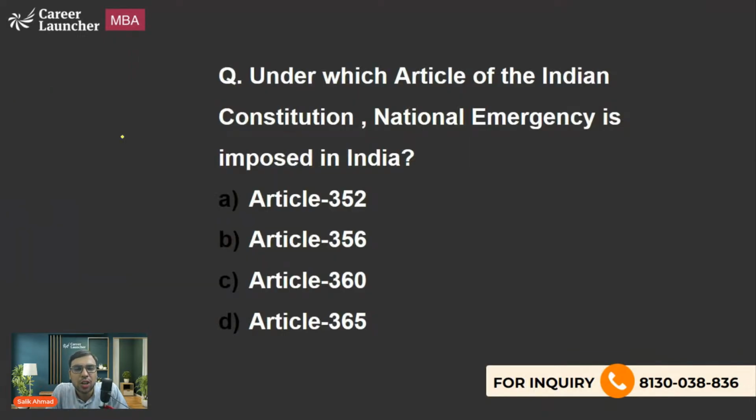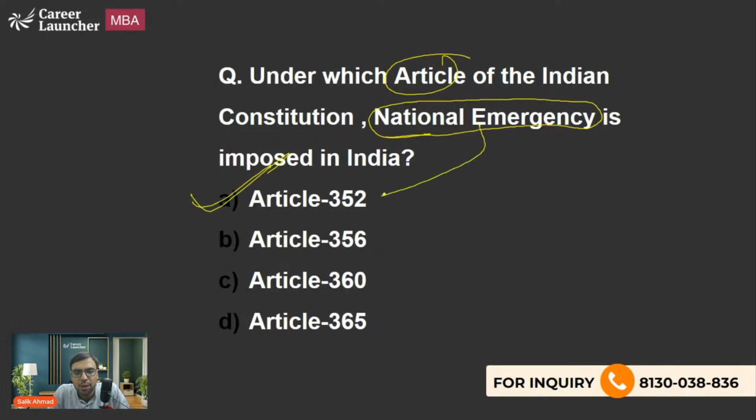I'll be discussing this topic with the help of question and answer also. The first question is, under which article of the Indian Constitution is national emergency imposed? Since it was in the news, it becomes important that you should know the article. Your options are Article 352, Article 356, Article 360, Article 365. What is the right answer? A is the right answer.